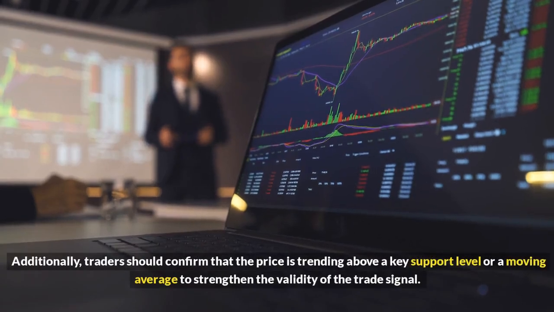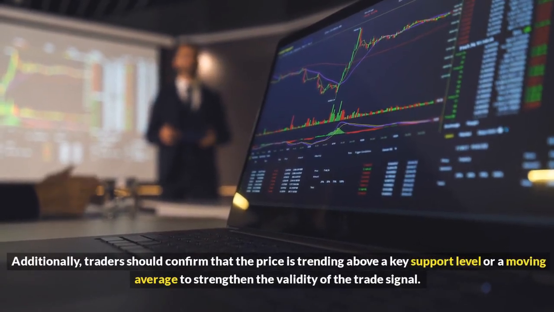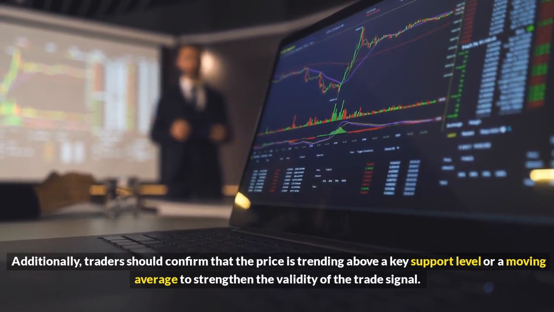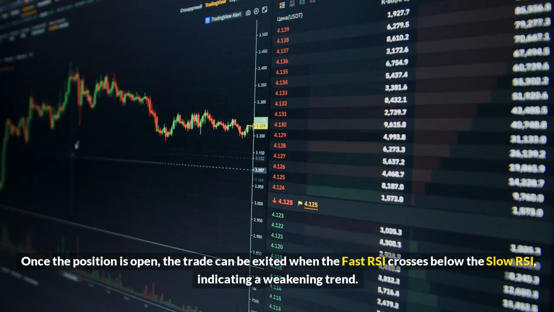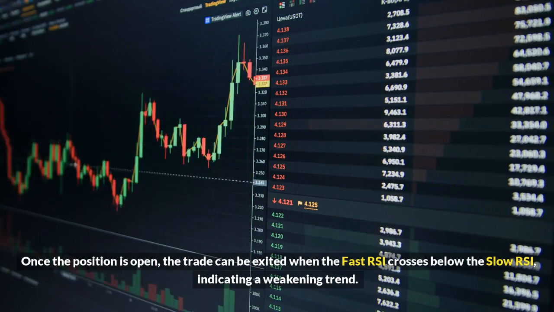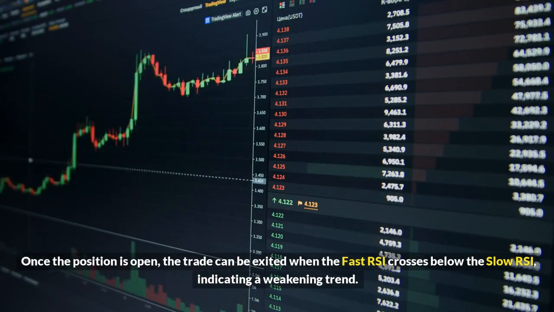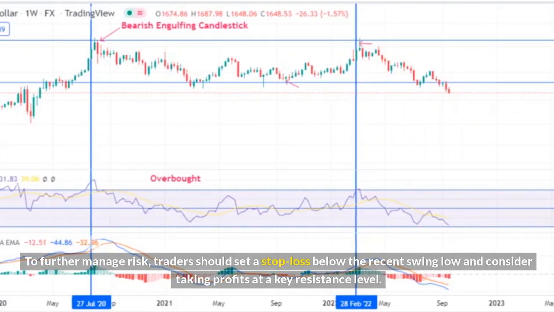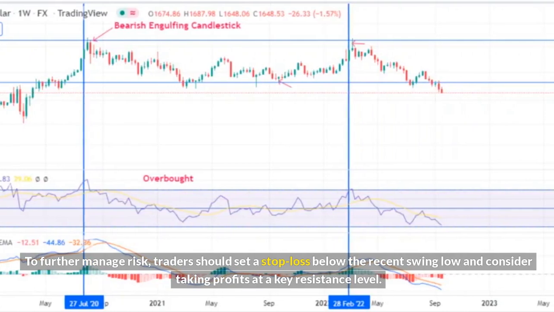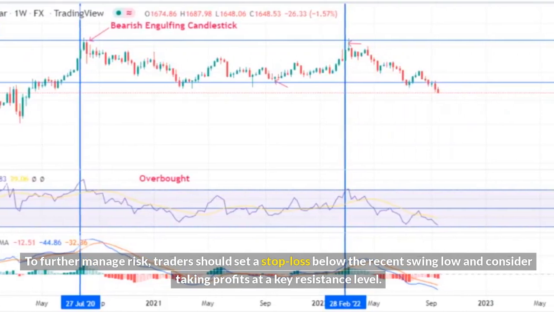Additionally, traders should confirm that the price is trending above a key support level or a moving average to strengthen the validity of the trade signal. Once the position is open, the trade can be exited when the fast RSI crosses below the slow RSI, indicating a weakening trend. To further manage risk, traders should set a stop loss below the recent swing low and consider taking profits at a key resistance level.